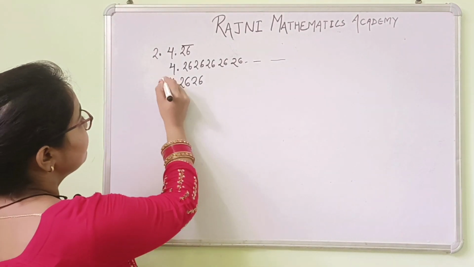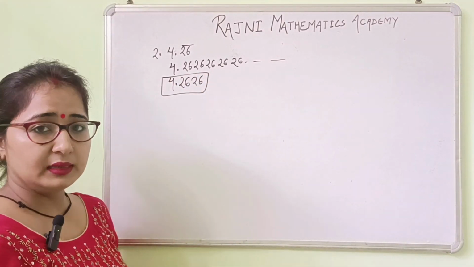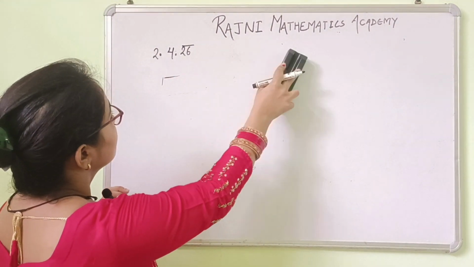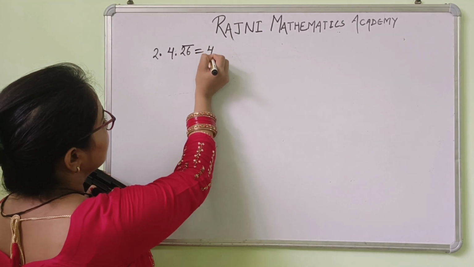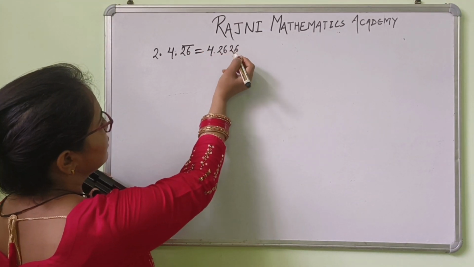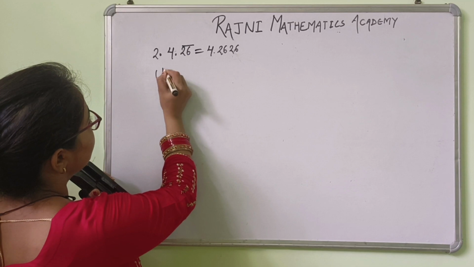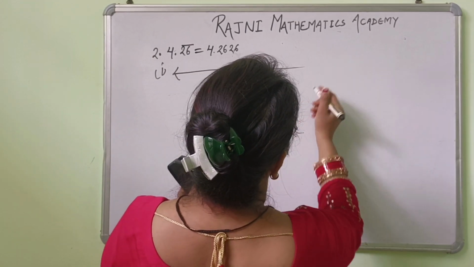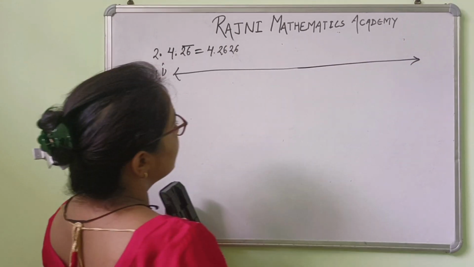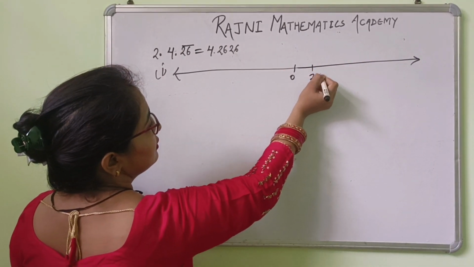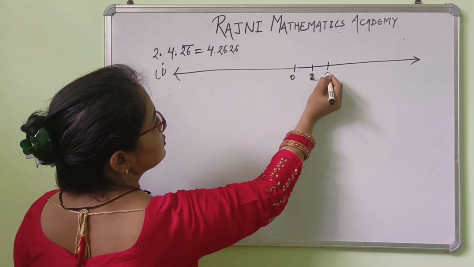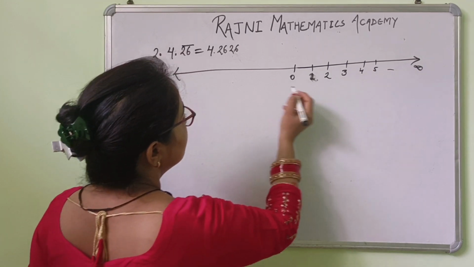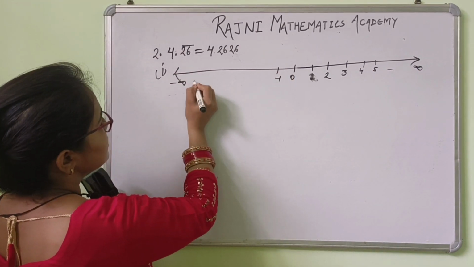So we will represent this number on number line the same way we did in the last question. First step, we took this number line. This is the number line, this is 0, 1, 2, 3, 4, 5 and so on to infinity, this is -1, and this is minus infinity.